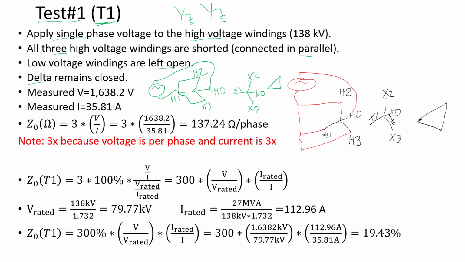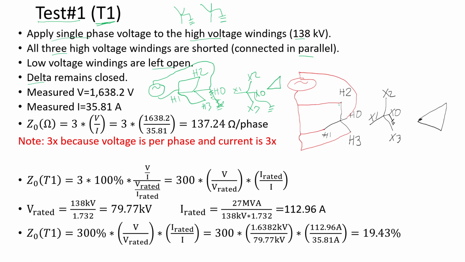Originally the H0 bushing will be grounded, but since you're going to apply this test from all the windings shorted to the H0, this will need to be ungrounded. The low voltage winding will stay open, just as is, except X0 will be grounded. So that's what I'm showing here.